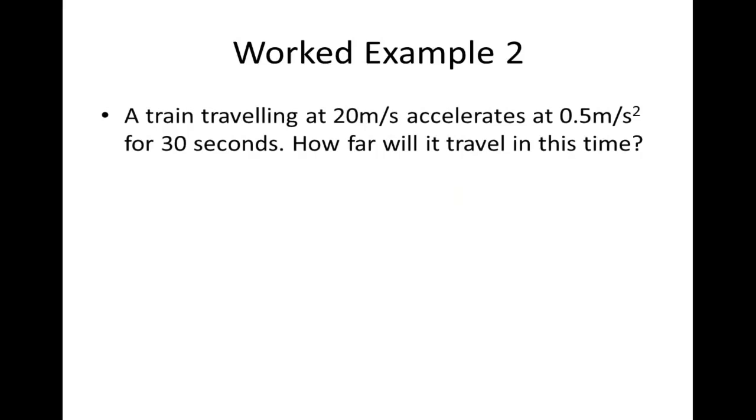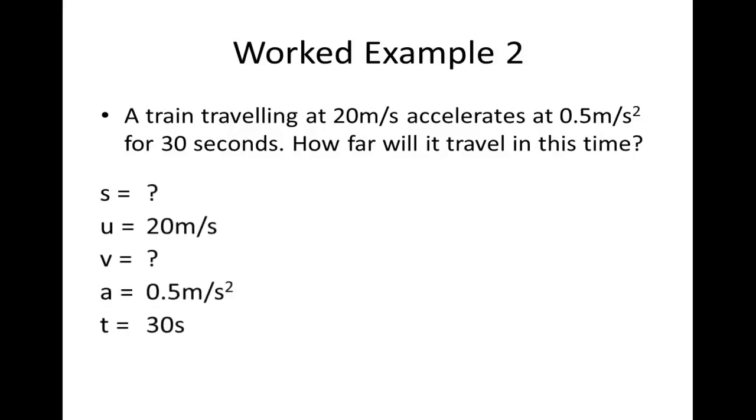Let's look at another example. A train is traveling at 20 meters per second and accelerates at 0.5 meters per second squared for 30 seconds. How far will it travel in this time? Again, similarly, listing our suvat variables, we insert the values we know from the question. In this case, we want to know the displacement, or s, and we can discard v.